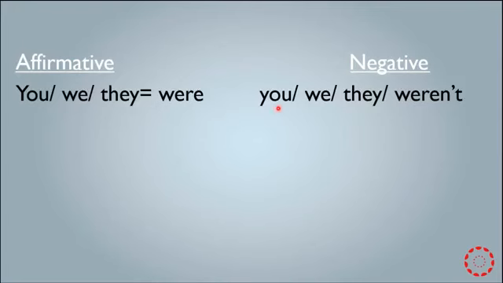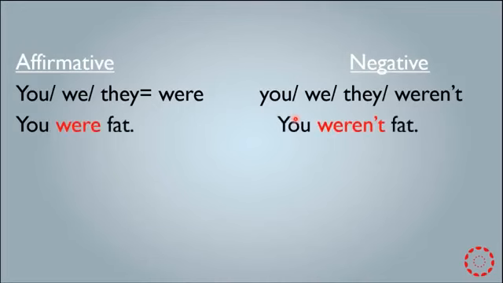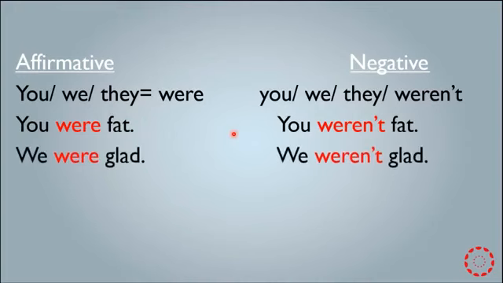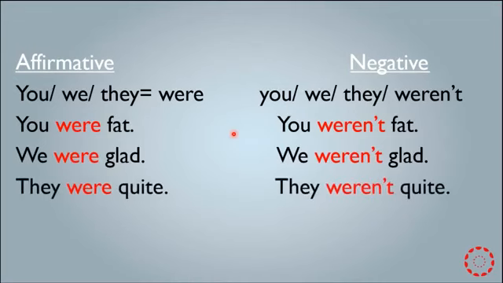You, we, they weren't in negative form. Let's give examples. You were fat. You weren't fat. We were glad. We weren't glad. They were quiet. They weren't quiet.